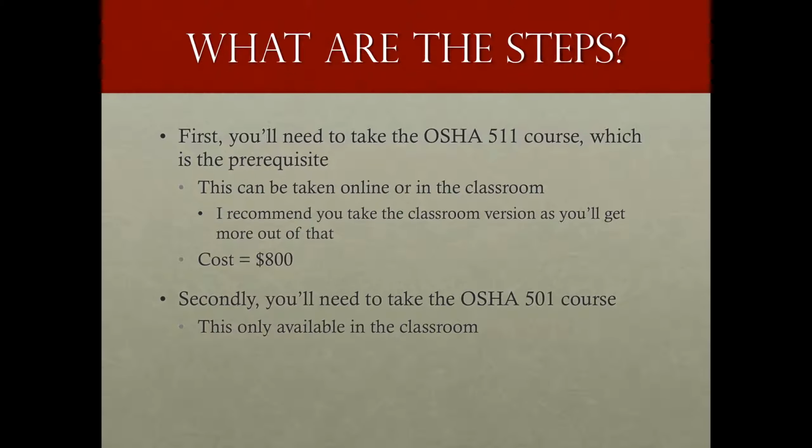First, you'll need to take a prerequisite course, and this course is the OSHA 511. And the OSHA 511 course is really a standards course. So as I was just alluding to, the 511 course will teach you about all of the various general industry health and safety regulations, which is a really awesome course, as a matter of fact, because if you are a dual trainer, that is, you have a construction authorization or maritime or one of the others, this is really good because every OSHA regulation there is founded on general industry standards.